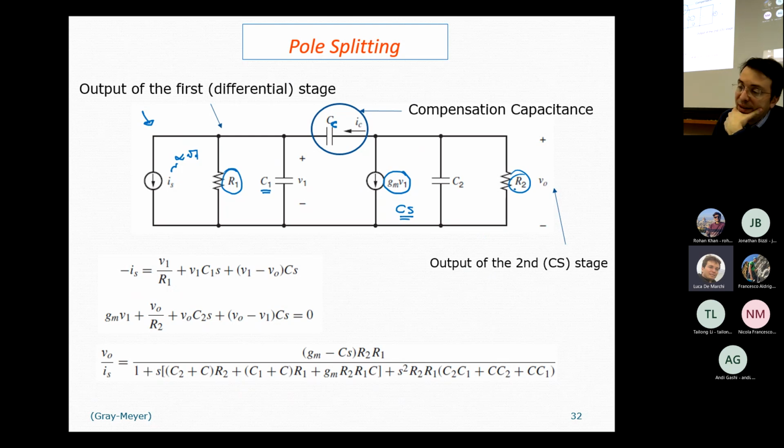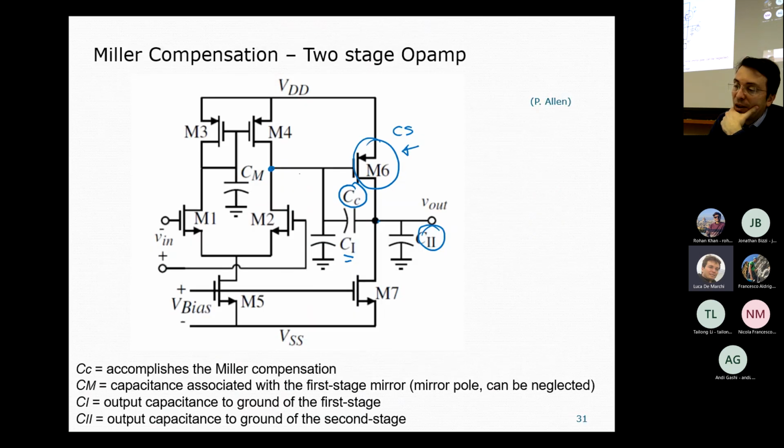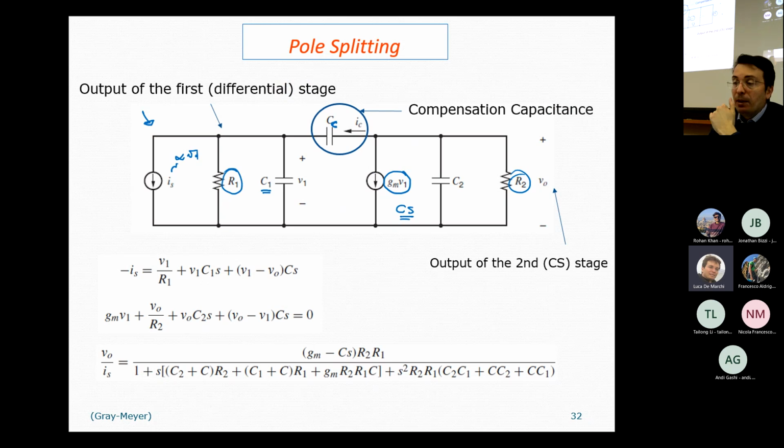It is given by the parallel of the output resistance of the common source and the output resistance of this current generator, M7. Okay, we have already analyzed this topology, because this is basically coincident with the analysis we have run for the common source topology, with a non-ideal input.